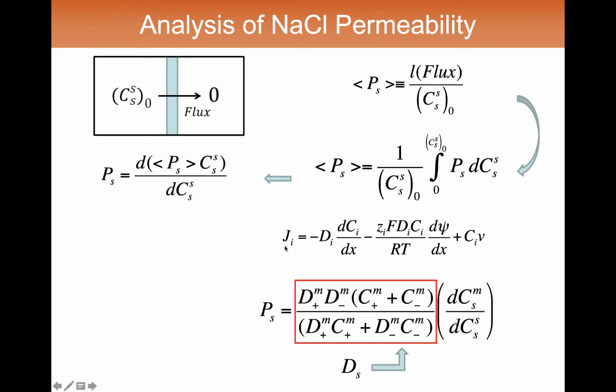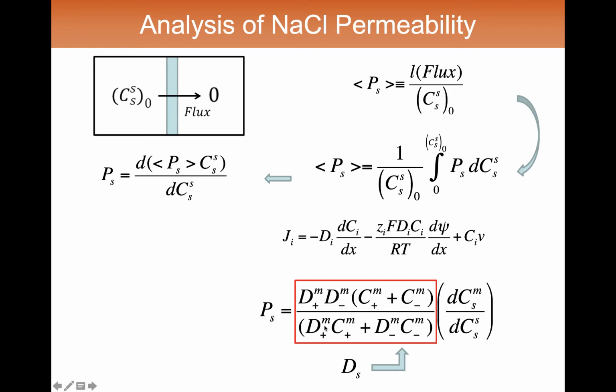as a result, one can write the flux of ion i, like sodium, as shown here, and write an equivalent expression for ion j, which would be chloride if we're analyzing sodium chloride permeability. We can enforce the fact that there is electrical neutrality in this solution, and that will lead us to an expression for the local salt permeability coefficient that's shown here.